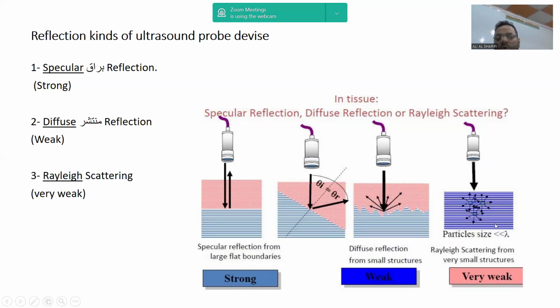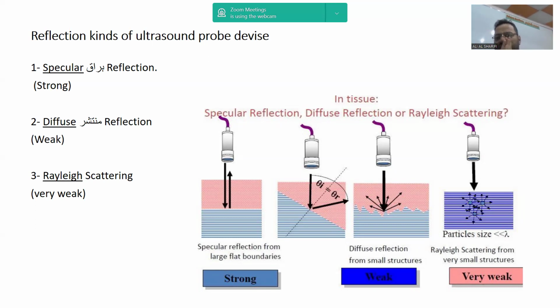The last one is the weakest reflection of ultrasound. Why? Because here we are dealing with very small particle size. We can say this is when it is used to scan the surface characteristics of some structure containing some material, magnesium, calcium, lanthanum, something like that.